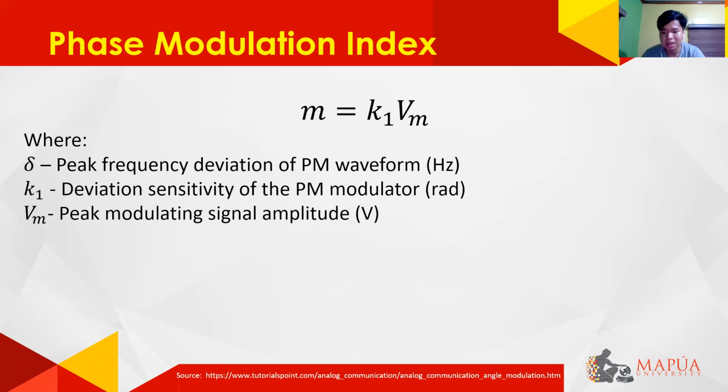Technically, if you get the change in phase in PM, that would also be its modulation index. And once you get the modulation index, you will be able to get its frequency deviation. So a change in phase in PM also exhibits a change in frequency and vice versa.